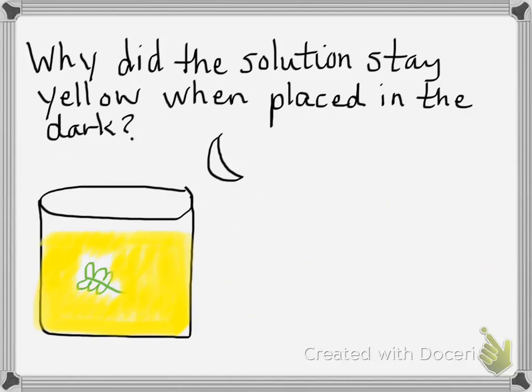This is supposed to simulate the darkness. And notice it's yellow. It stayed yellow. So why did it stay yellow? Excellent, Alexander. No light, no photosynthesis. Everybody's okay on that one?